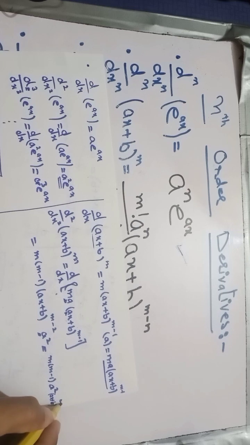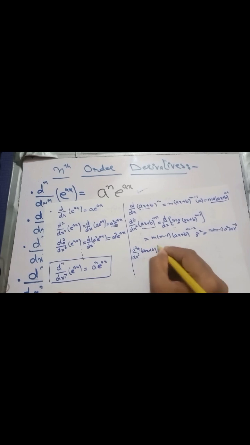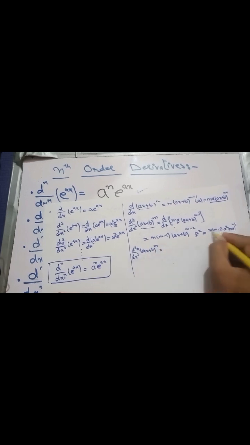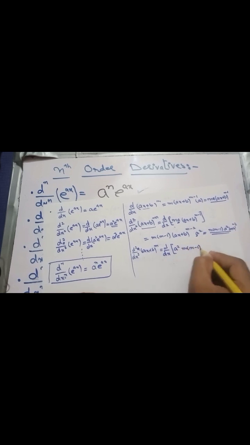We can see the pattern. For the third derivative, the function is the same, ax plus b whole power m. We need to differentiate the right hand side also. a square is a constant, m into m minus 1 is a constant, and the variable part is ax plus b power m minus 2.